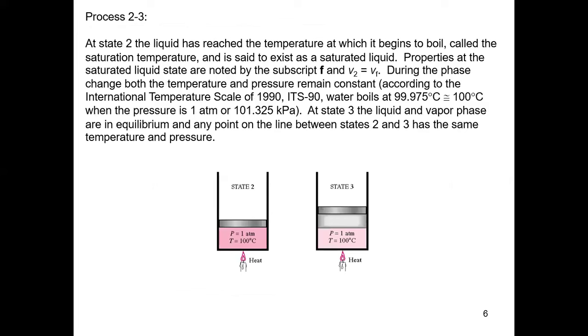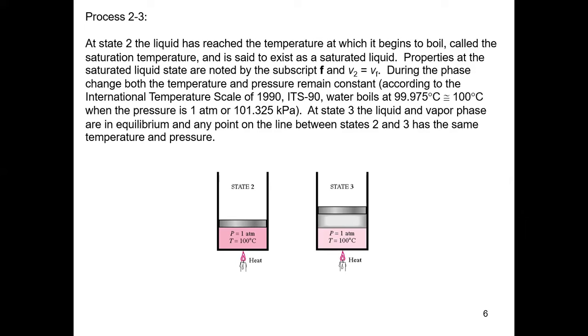At state 2, the liquid has reached the temperature at which it begins to boil, called the saturation temperature, and is said to exist as a saturated liquid. Properties at the saturated liquid state are noted by the subscript f, and v2 equals v1. During the phase change, both the temperature and pressure remain constant.